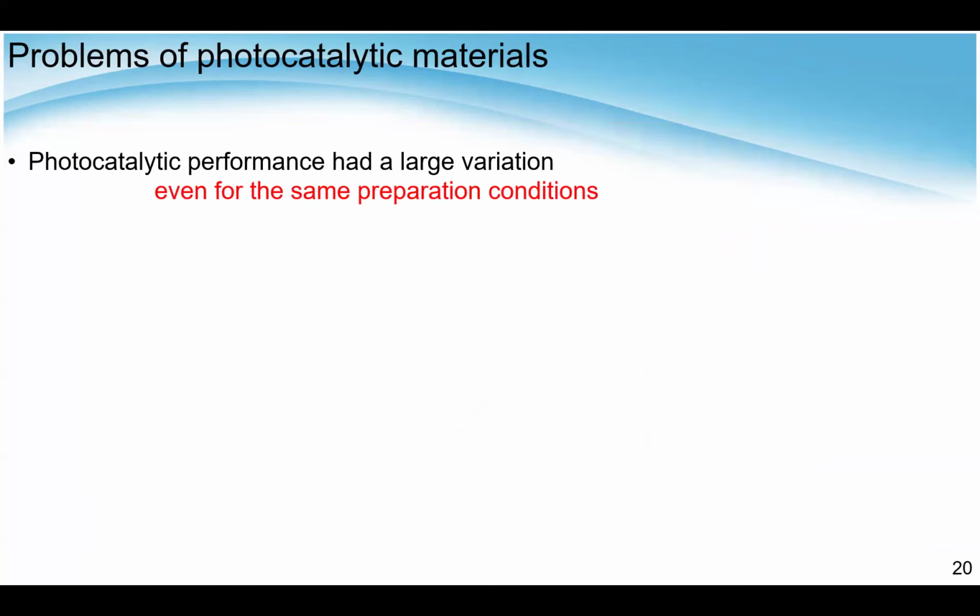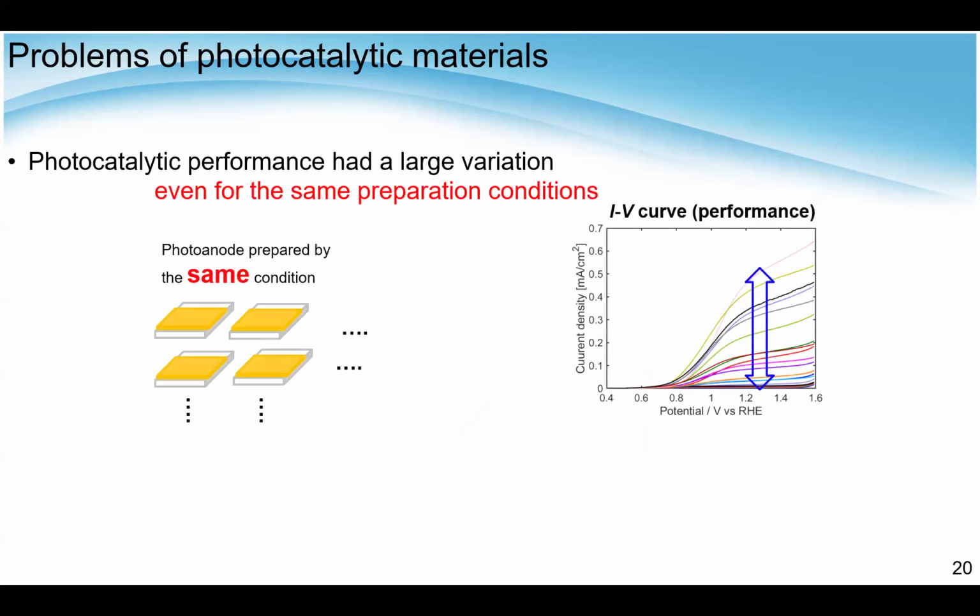So in this case, you cannot apply machine learning, because you use the same condition and the same material. Meaning that X is the same, but Y varied. You cannot predict different Y using the same X values, right?